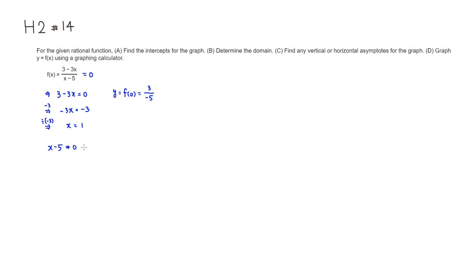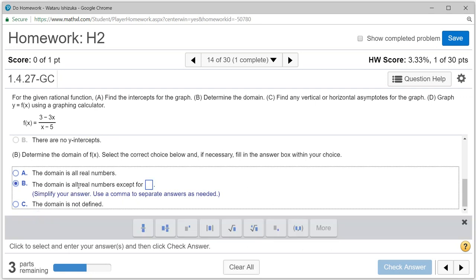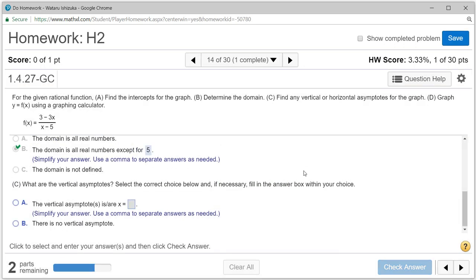If you isolate x by adding 5, we know that x cannot be equal to 5. So the domain is all real numbers except for 5. Remember that the 5 is a bad number. Check the answer. All right, we got that.